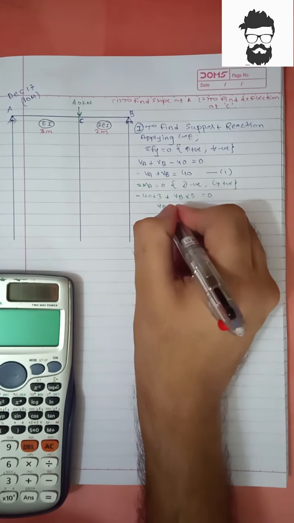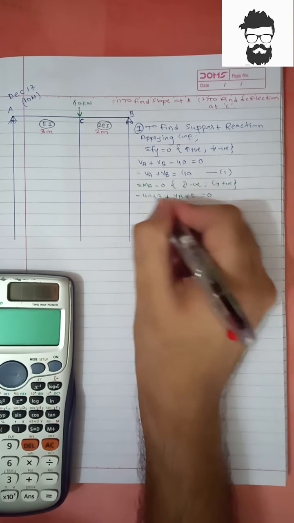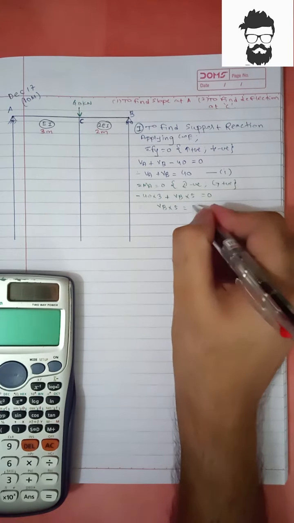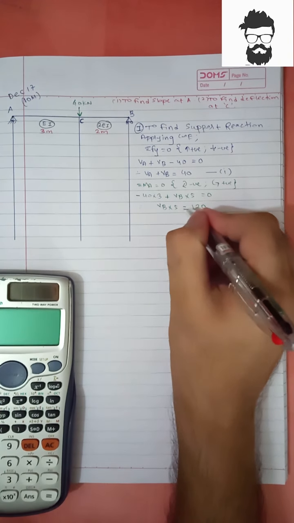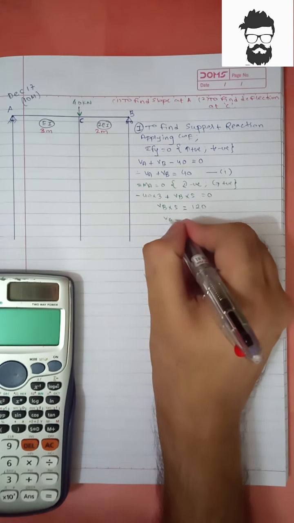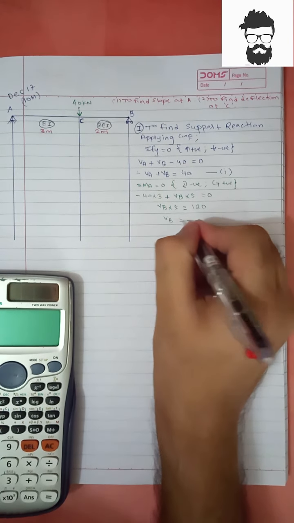Therefore VB into 5 equals 120, so VB equals 120 divided by 5, which is 24. So VB equals 24 kilonewton.